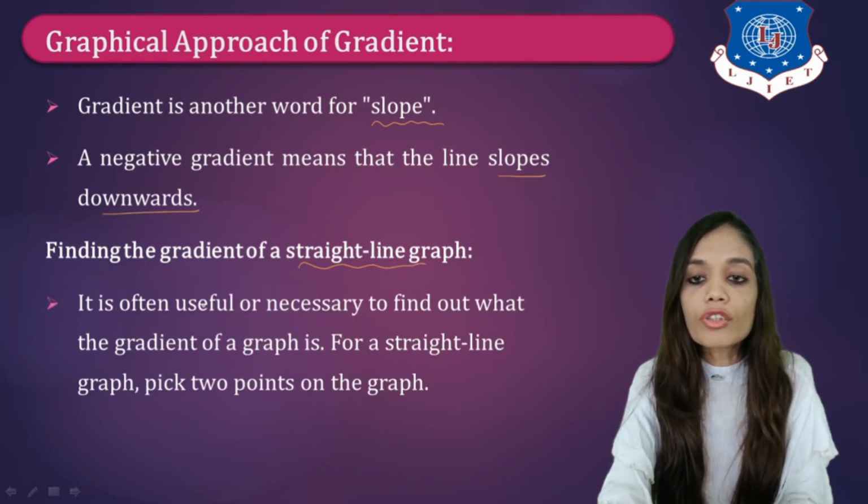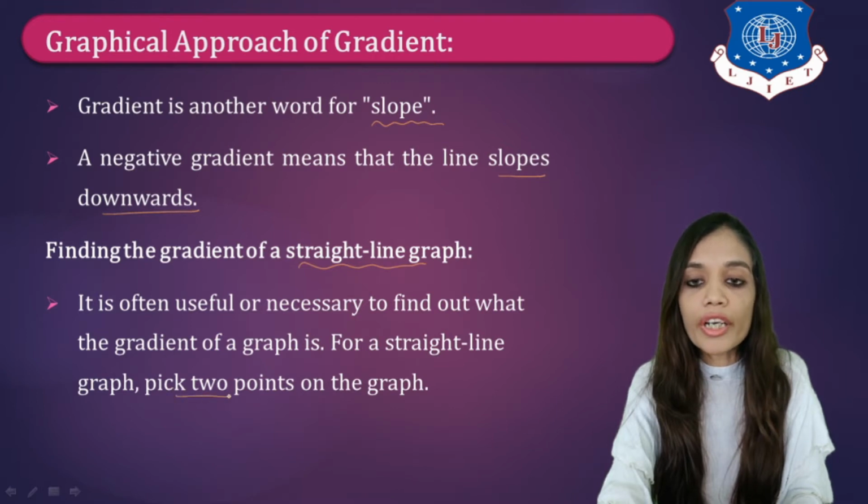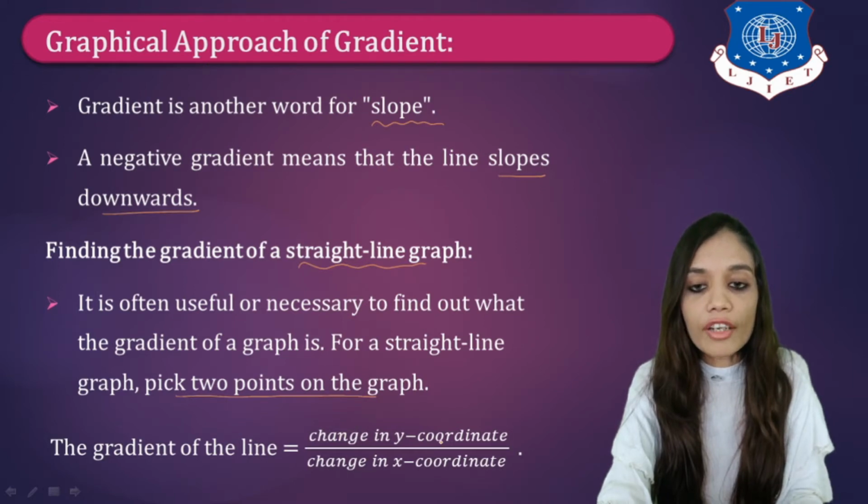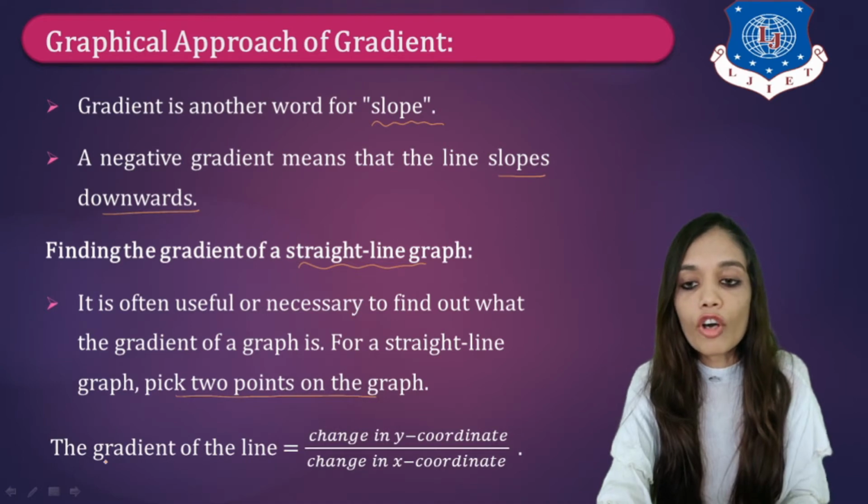It is often useful or necessary to find out the gradient of the graph. For a straight line graph, we will pick 2 points on the graph and the gradient of the straight line will be given by change in y coordinate upon change in x coordinate. So this is the formula of gradient of a straight line using the graphical approach.